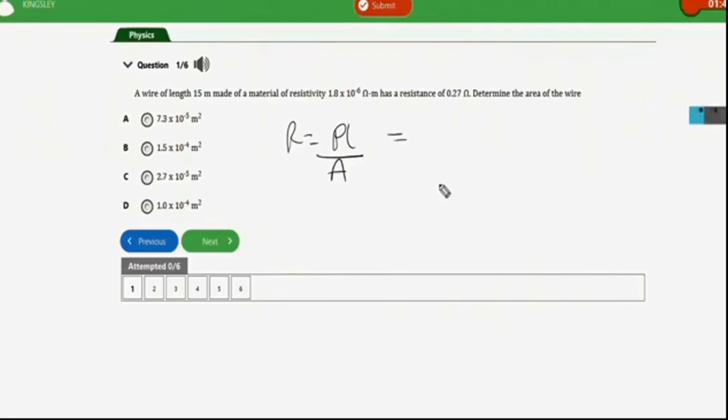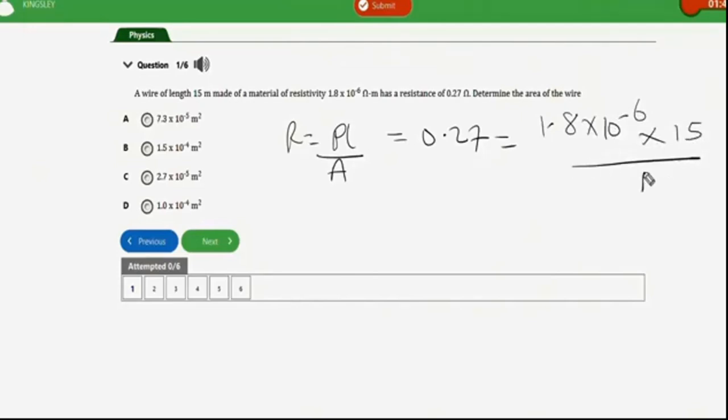Here, the resistance is 0.27 equals, now the resistivity is 1.8 times 10 to the power negative 6, times the length is 15 over A. So when we cross multiply, we're going to have 0.27 A, being the area, equals 1.8 times 10 to the power negative 6 times 15.